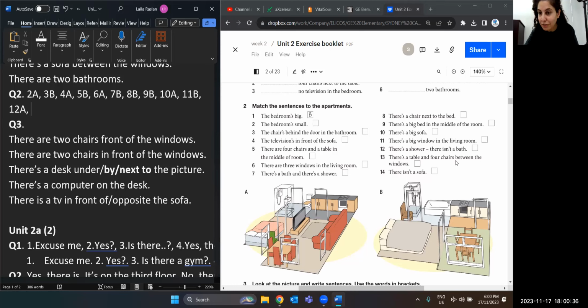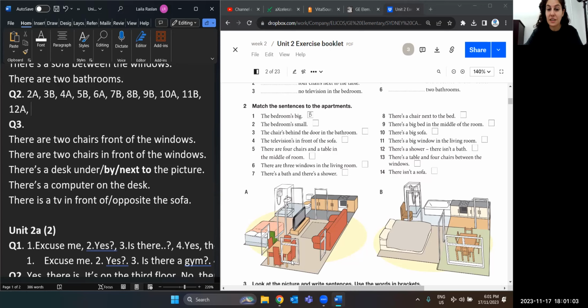There's a table and 4 chairs between the windows.